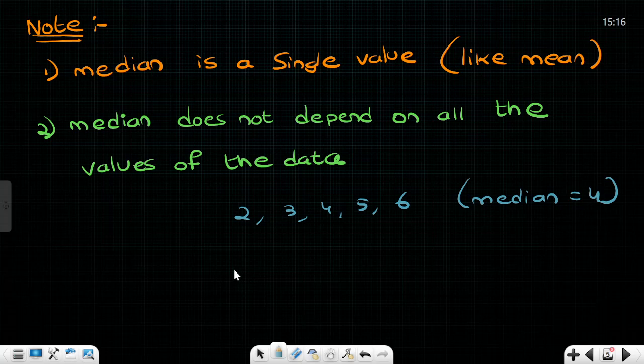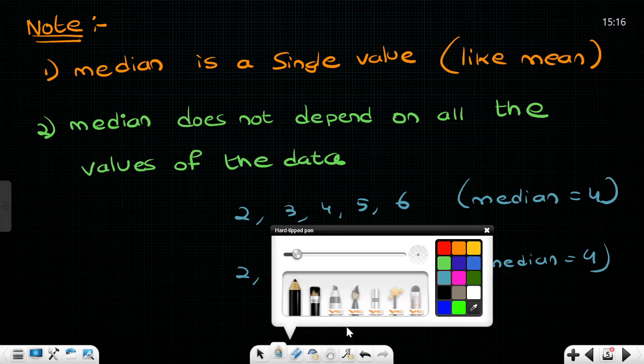Now let me take another data, 2, 3, 4, 5 and 697. Here also the median is 4. So median is not getting affected by all the values of the data, it is only the middlemost.